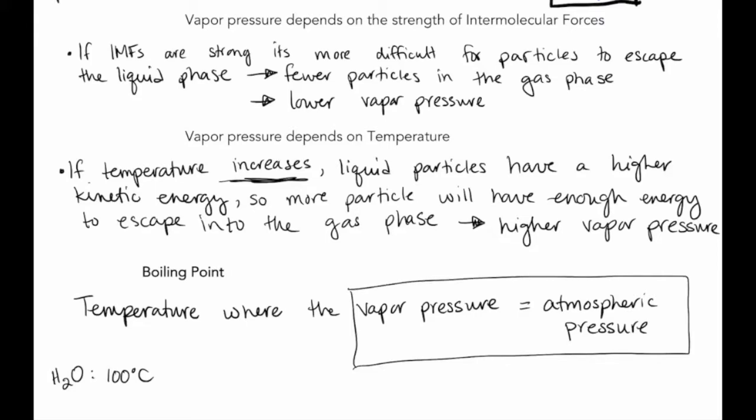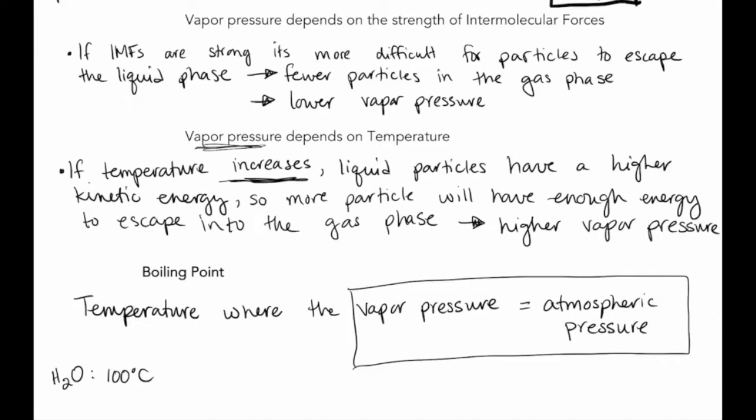This also will depend on the strength of intermolecular forces, because we said vapor pressure depends on it. If we have weak intermolecular forces, the boiling point can be very low, where it's very easy to get enough particles into the gas phase to equal atmospheric pressure. If we have something like water, where the intermolecular force is strong, then it takes a lot of energy.